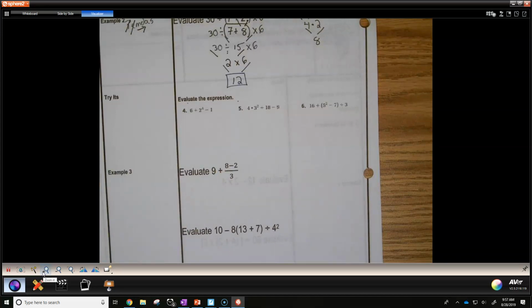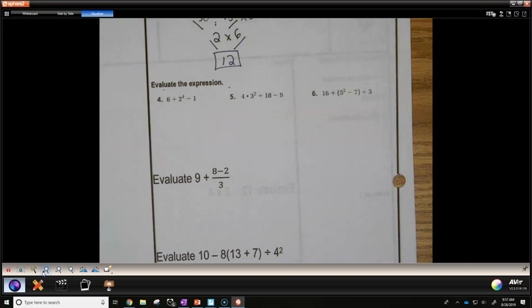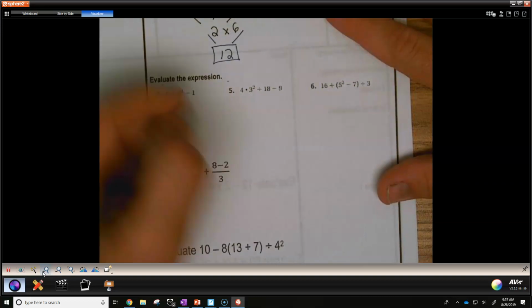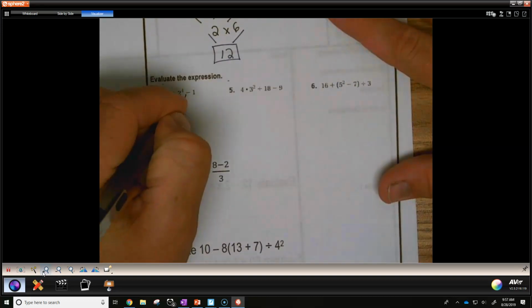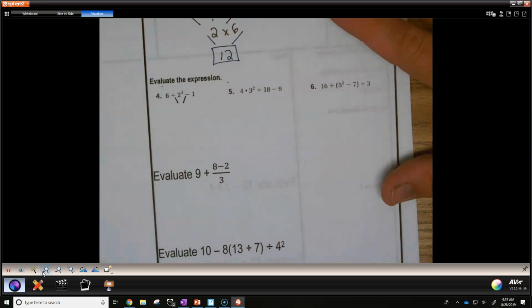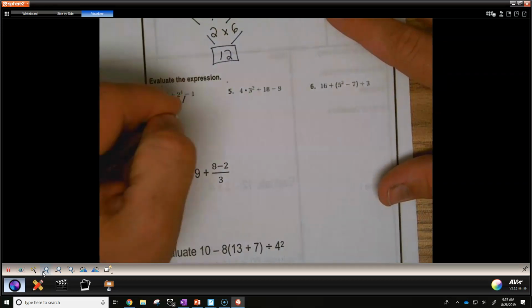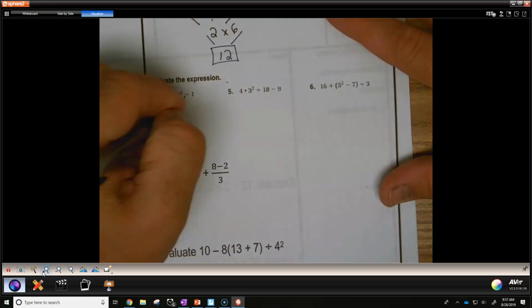So, number 4. 6 plus 2 to the 4th minus 1. Who can explain this to me? What do I do first? You do 2 to the 4th power. Okay, 2 to the 4th power, which is 16.